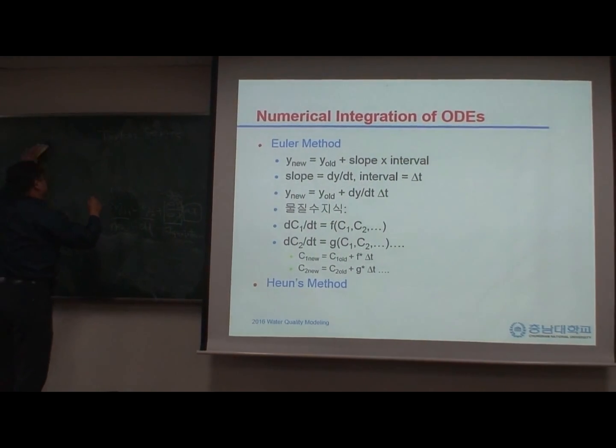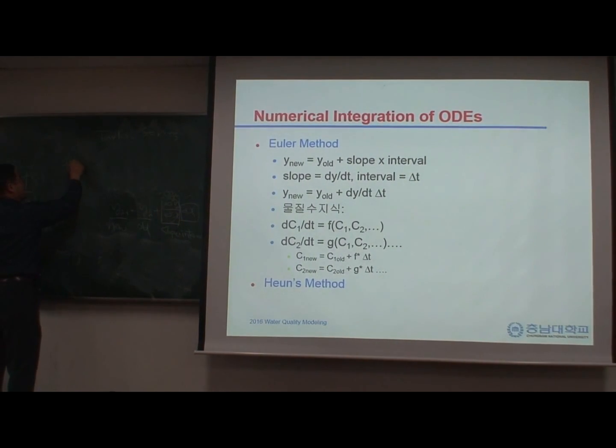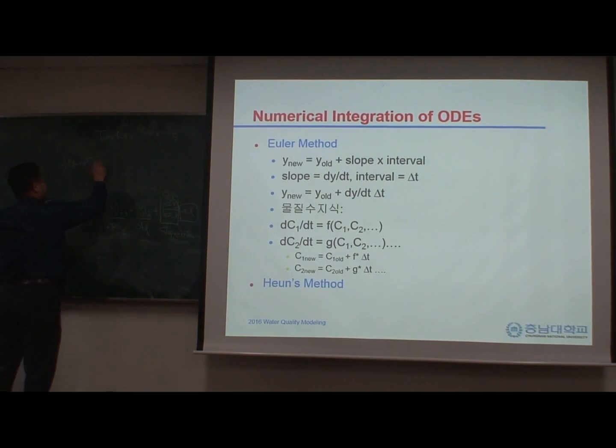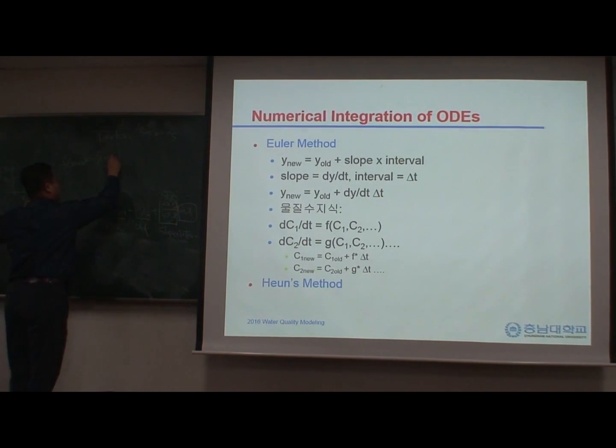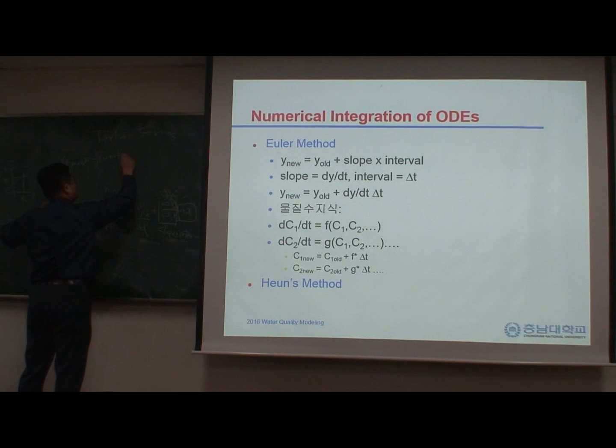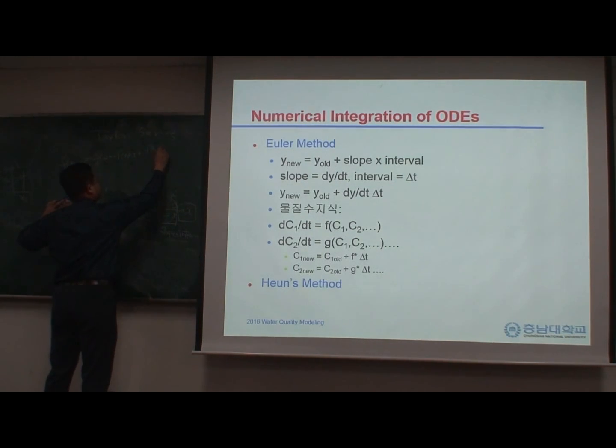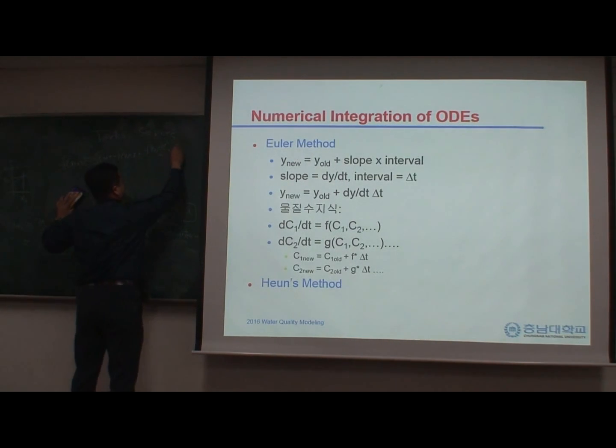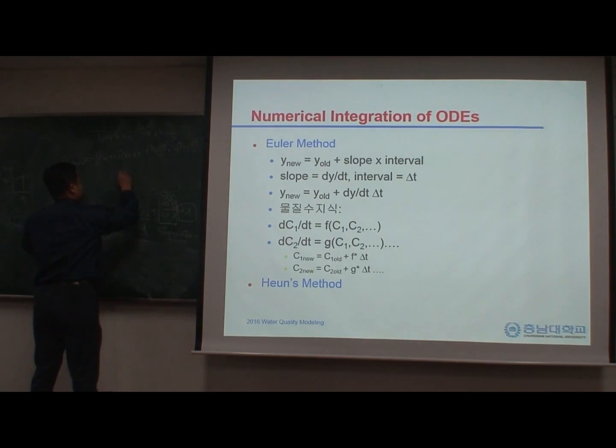Taylor series. f of x plus delta x equals f of x plus f prime of x delta x plus f double prime of x delta x squared over 2 factorial, and so on.